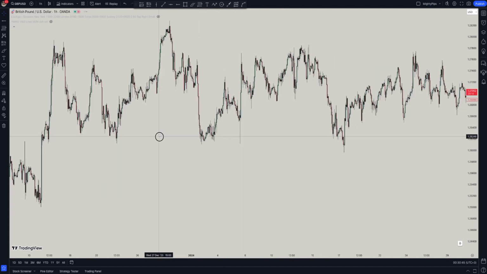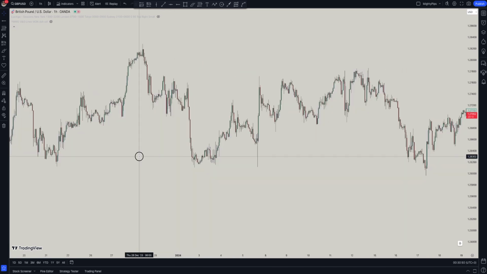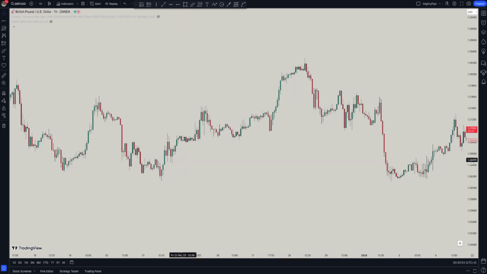And also the bullish candlestick pattern, which is the 3 white soldiers, and the bearish candlestick pattern, which is the 3 black crows. But remember to trade them only after a market structure break to give you a better chance to win. Like you can also see that that pattern appears here.